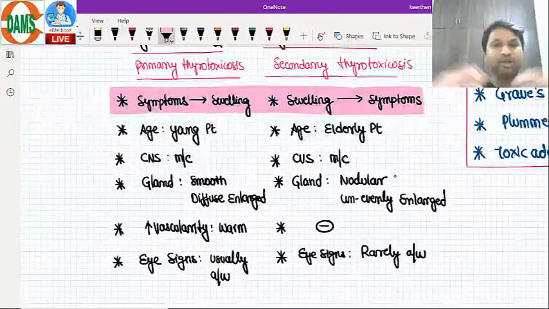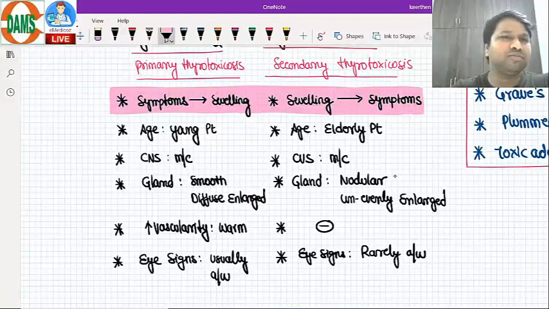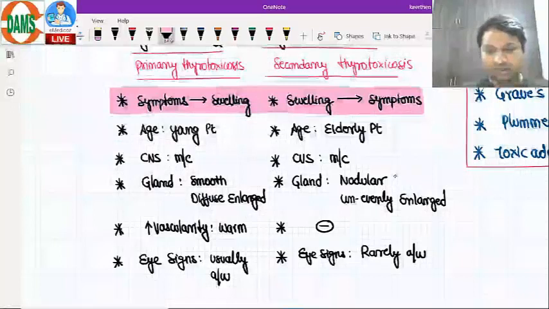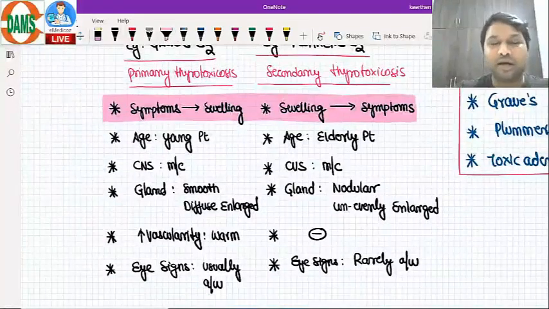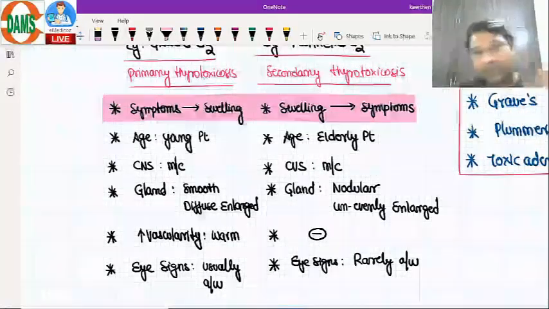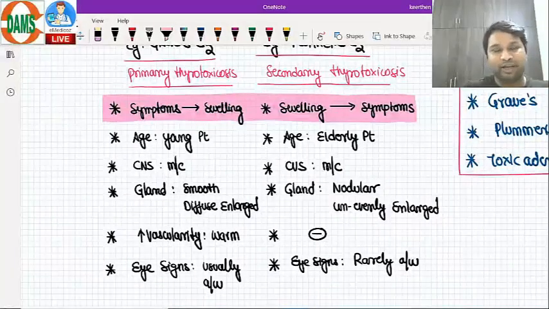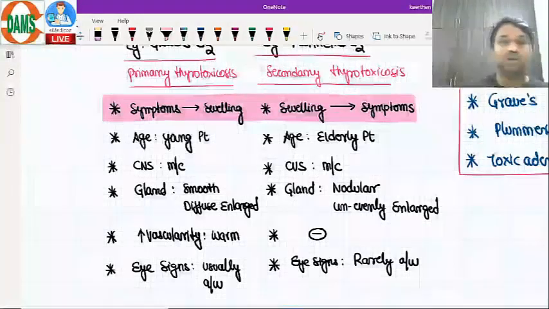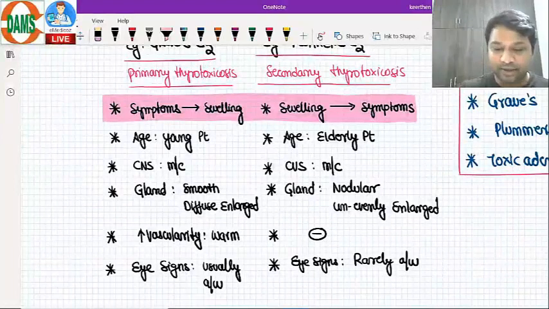So to differentiate clinically, how do you become an outstanding clinician? You ask the patient. History taking is an art. If a patient has symptoms followed by swelling, it is always primary. If a patient has a pre-existing swelling which started developing toxic symptoms, it is secondary. That is the most important.